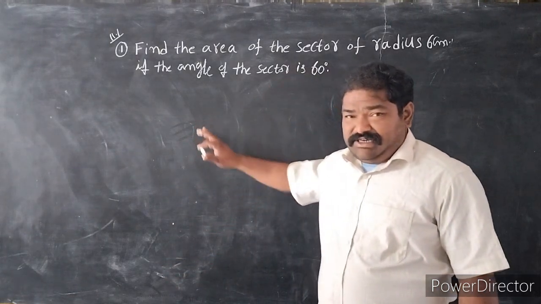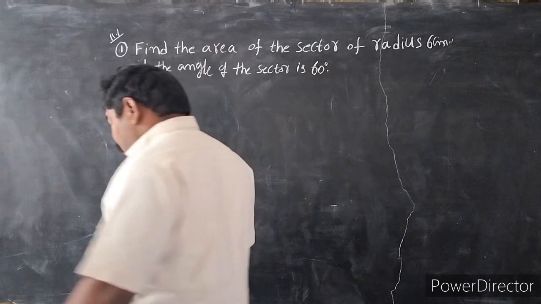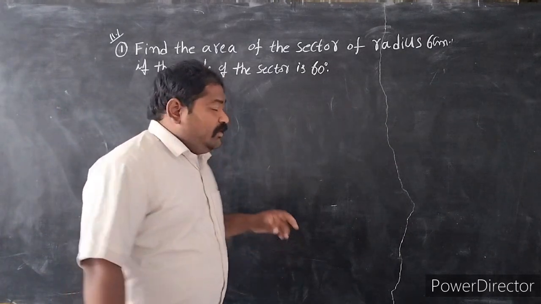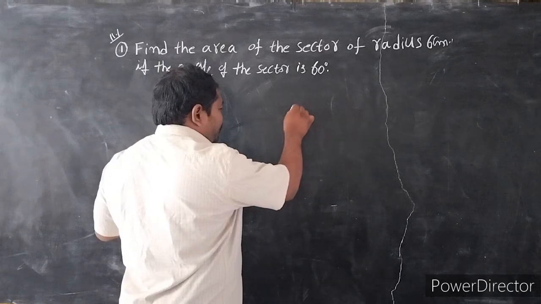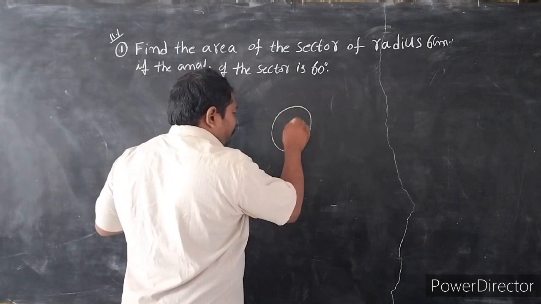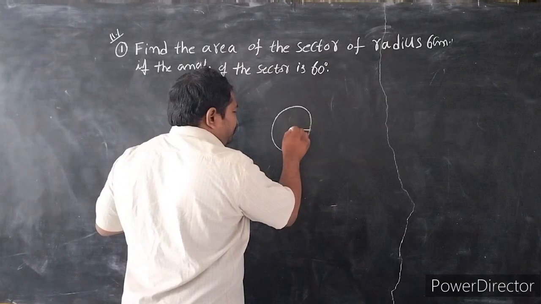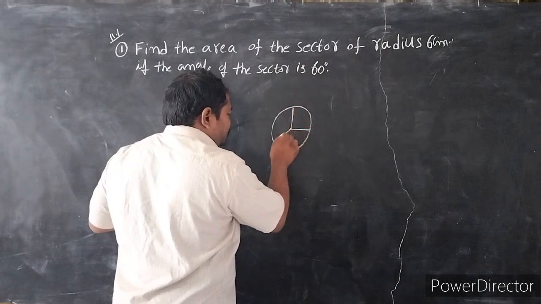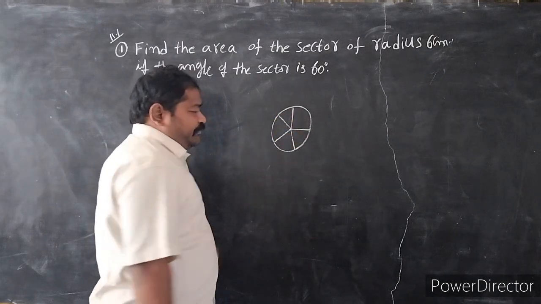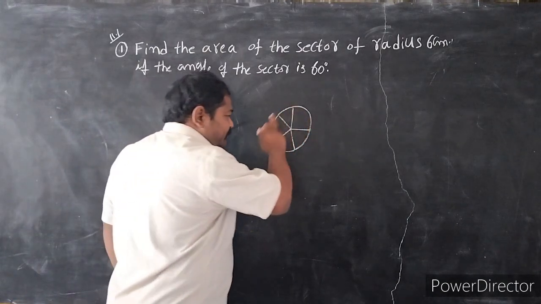Before going to answer this question, we have to know some technical terms in this chapter. First one: a circle is nothing but the locus of all points which are at a constant distance from a fixed point.